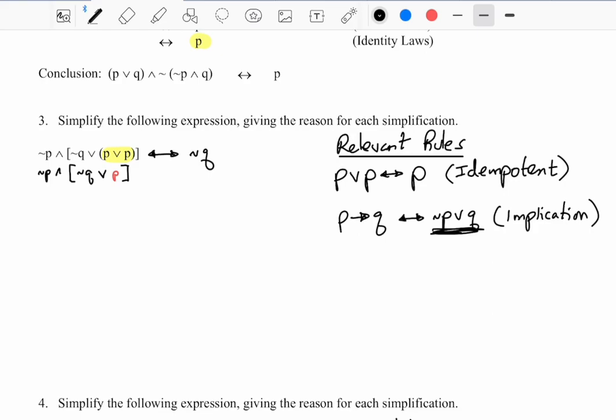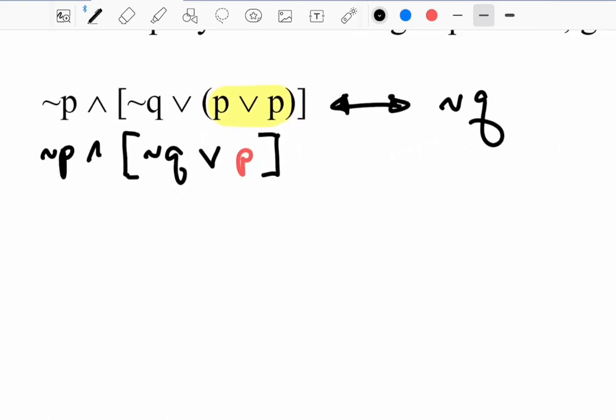All right? So first things first, it's in the wrong order. So I can switch these two pieces around. Commutative property applies not just for addition and multiplication, but for ands and ors. So I can just swap these two.